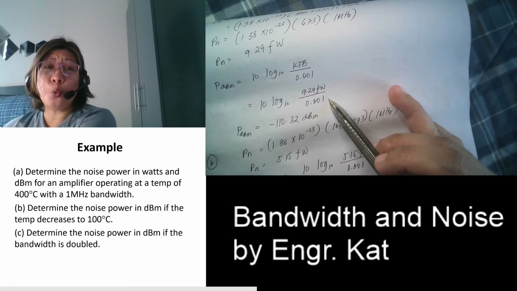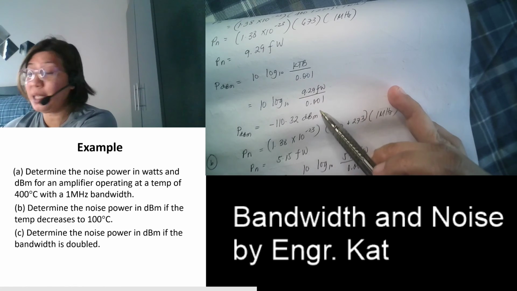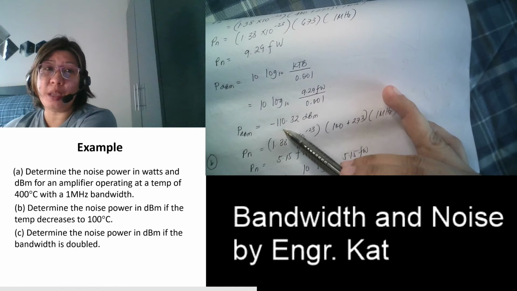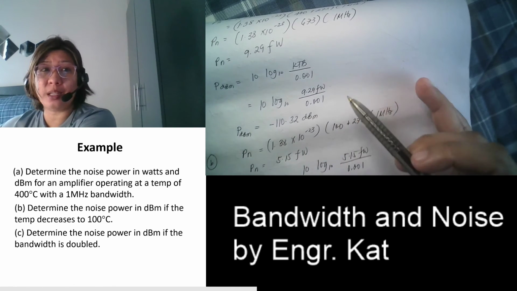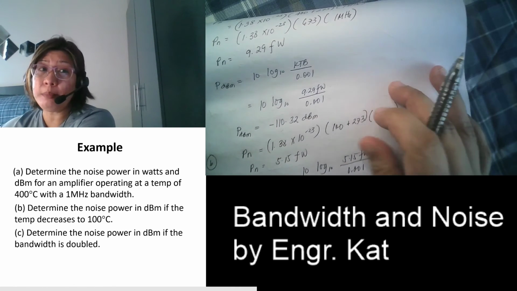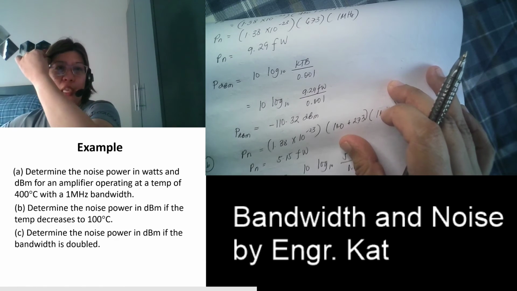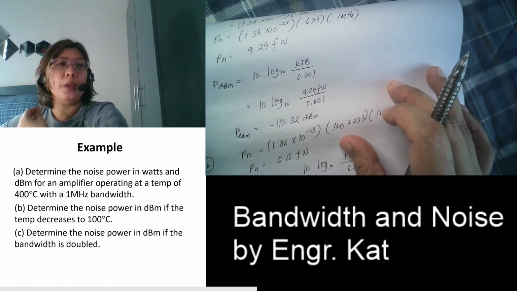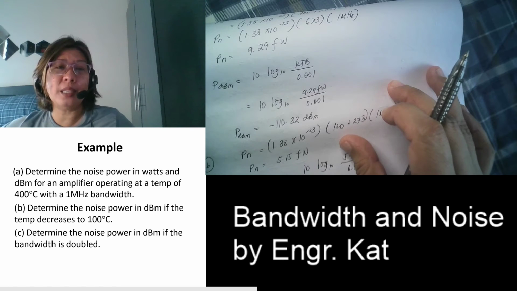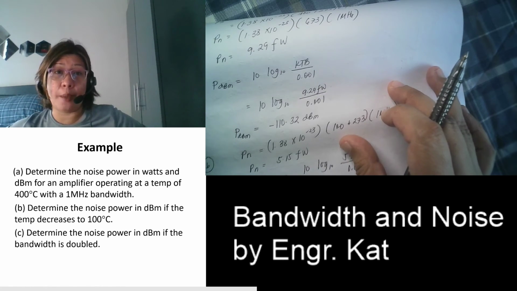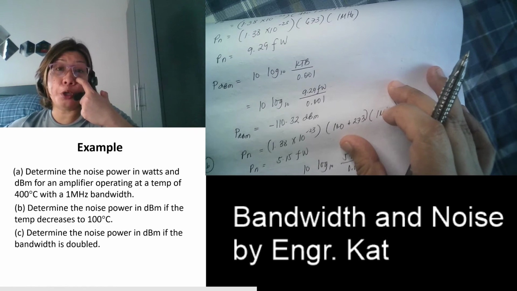We don't want a noise that has a positive value in dBm because that means it is greater than 1 milliwatt, and 1 milliwatt is very, very high already. So when your output is lesser than your input, you expect a negative dBm. Because your 9.29 femtowatts is lesser than 1 milliwatt, that's why you have a negative value.